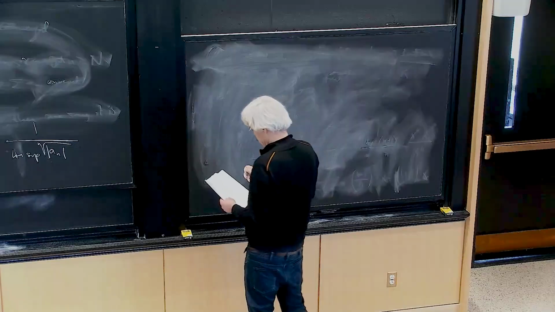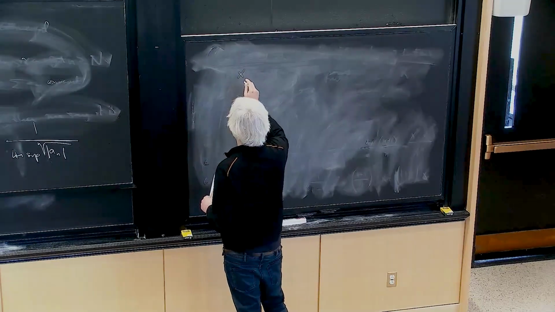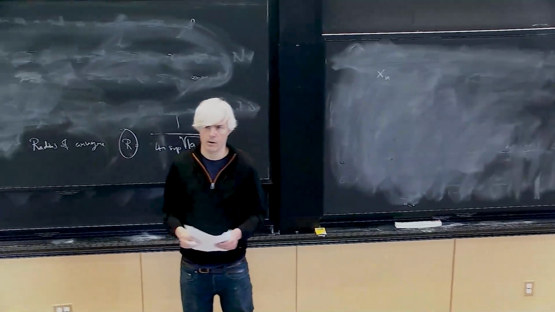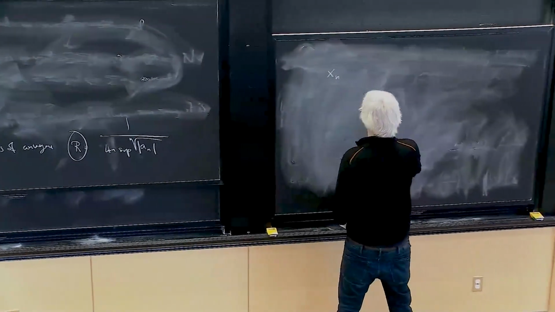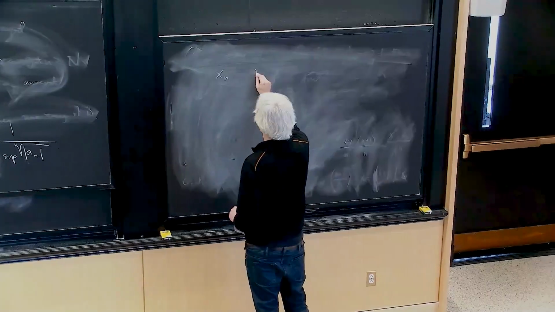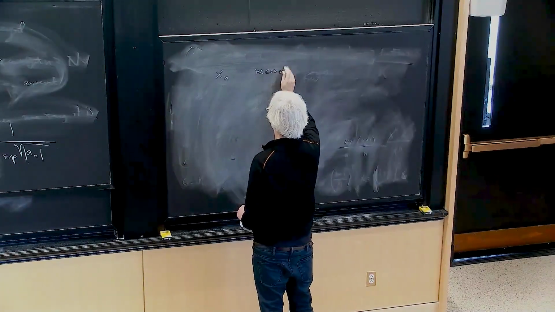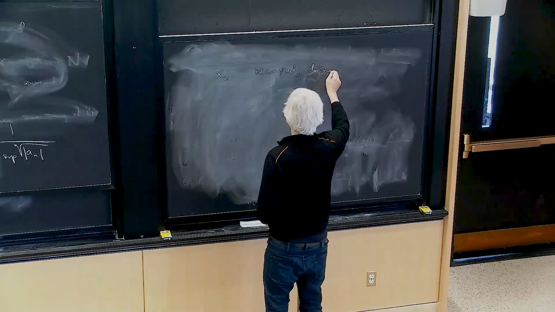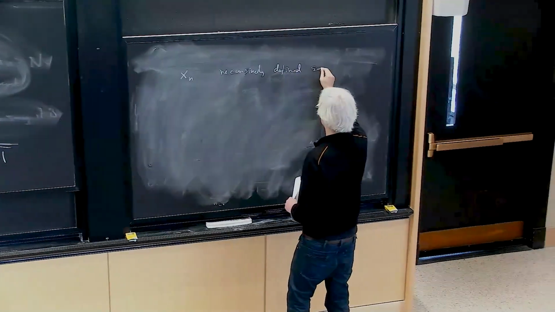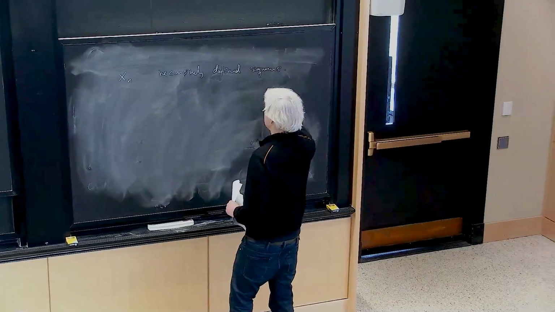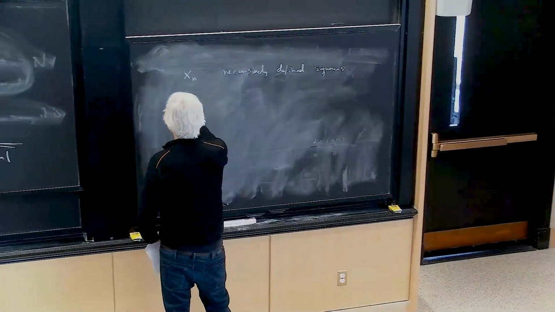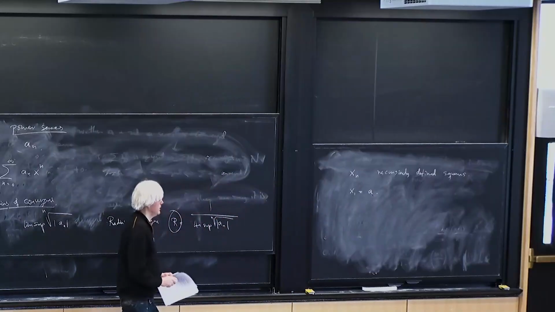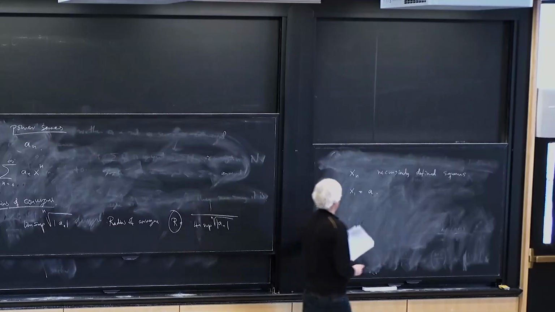Okay, so now, suppose you take a sequence, x_n. Often a sequence is defined recursively. What does that mean? It means that typically the first one is defined to be whatever, and then the next one is defined from the previous one.